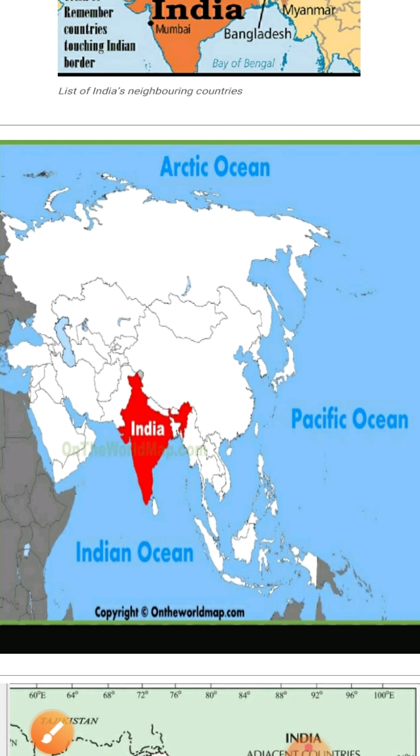If we discuss the maritime location of India, peninsular India has provided links to its neighboring countries and regions through sea and air routes.